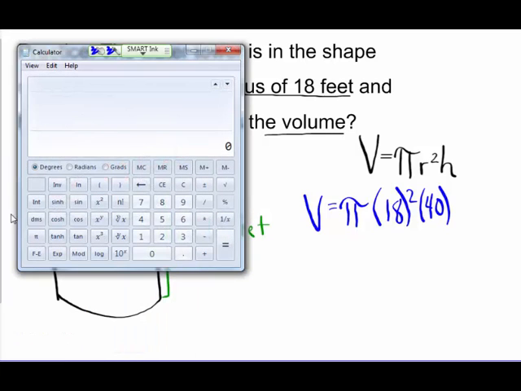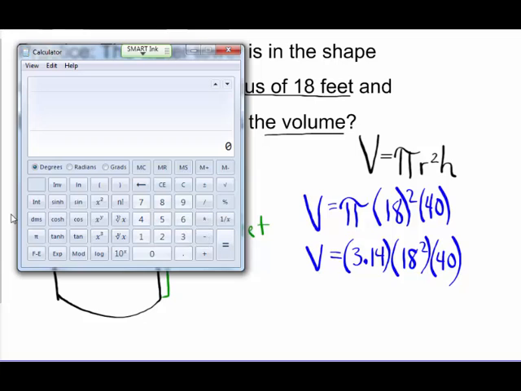I'm going to grab my calculator so you can see that I use the value 3.14 multiplied by 18 squared multiplied by 40. You'll see that when I push in the numbers, I use the x squared button for my 18 squared.